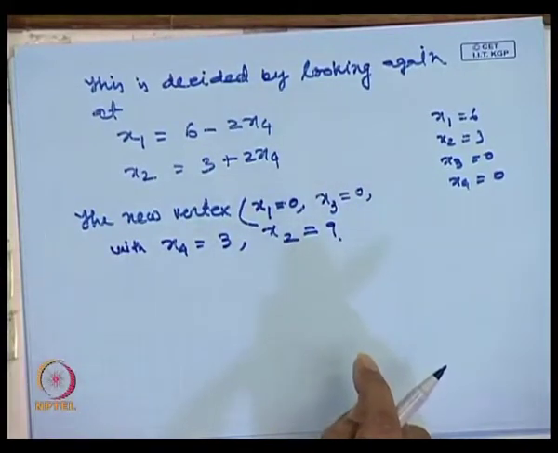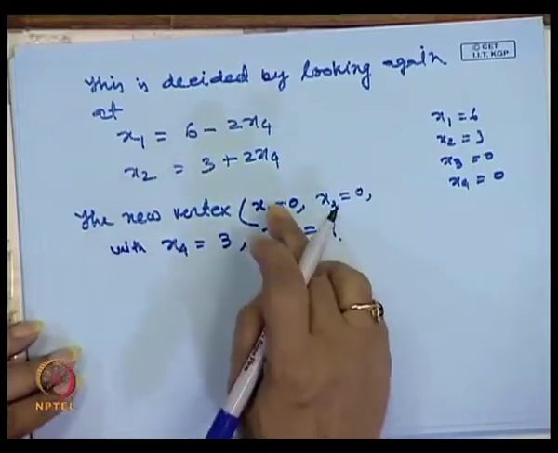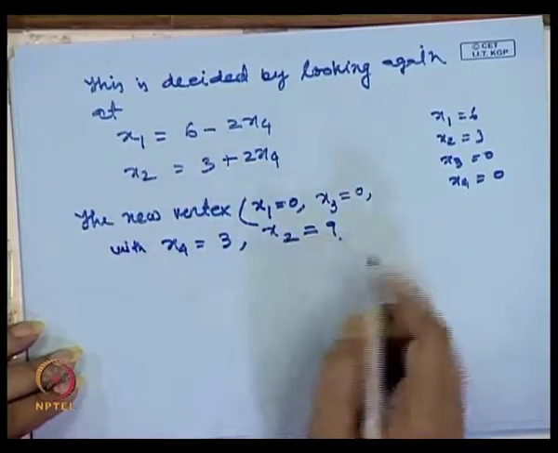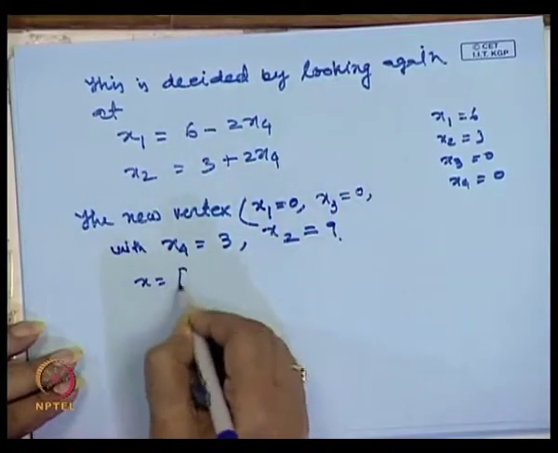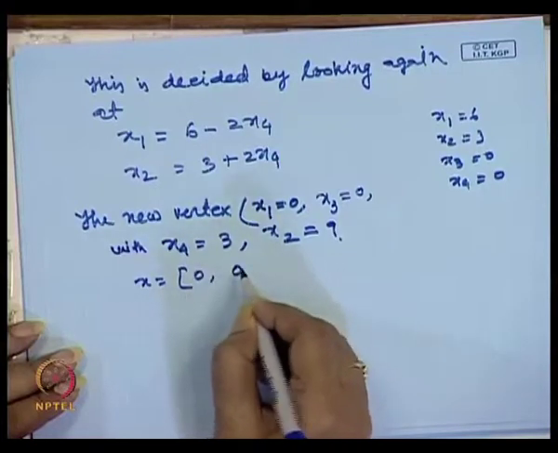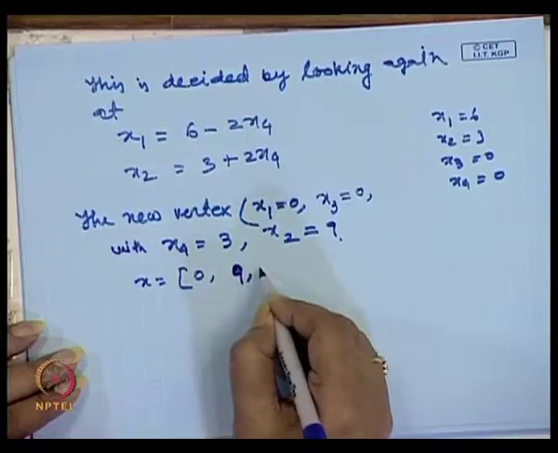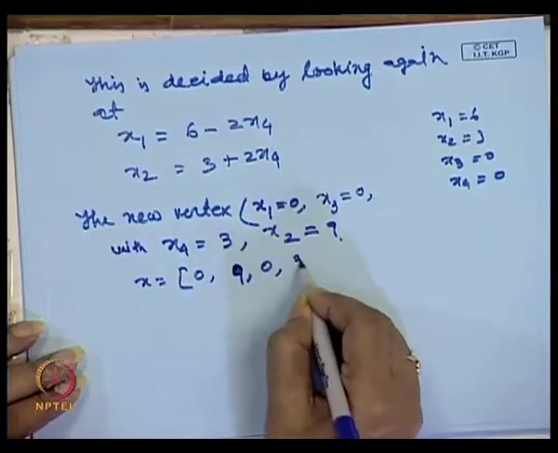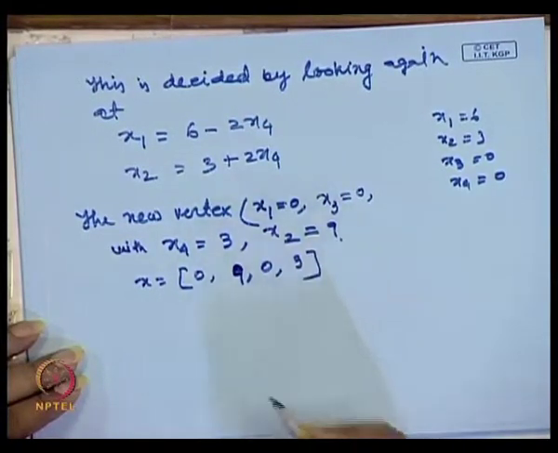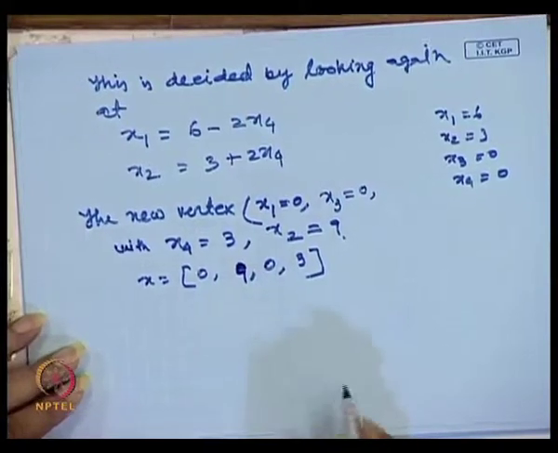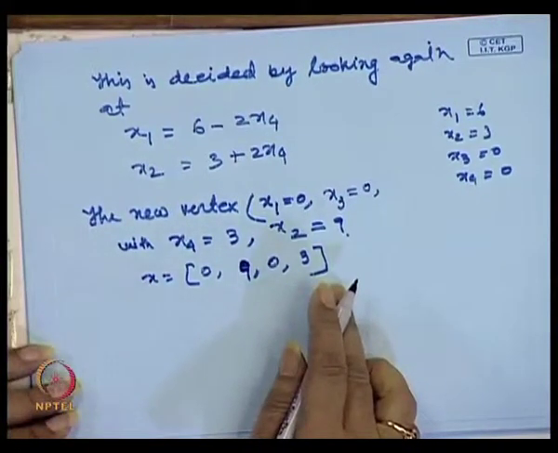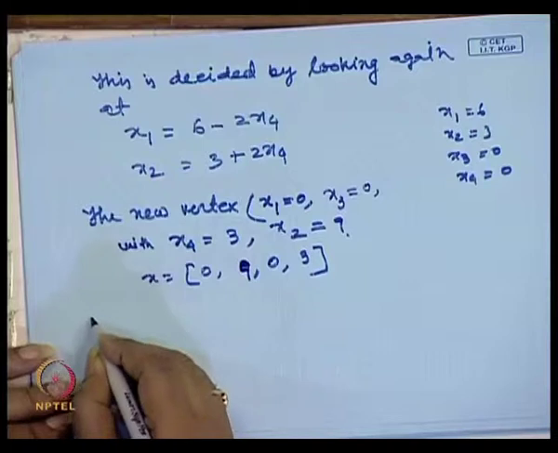So, our new vertex is x equal to (0, 9, 0, 3), this is our new vertex. Agree? And now, what is our function value? Just see the new objective cost function value.